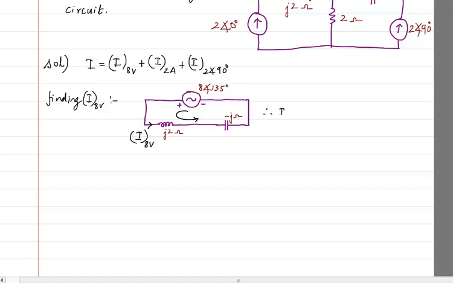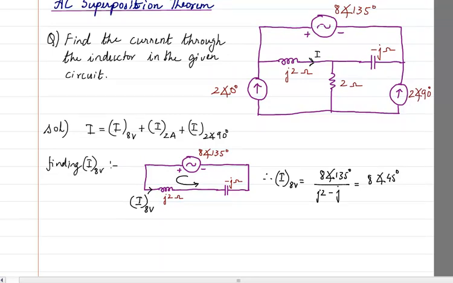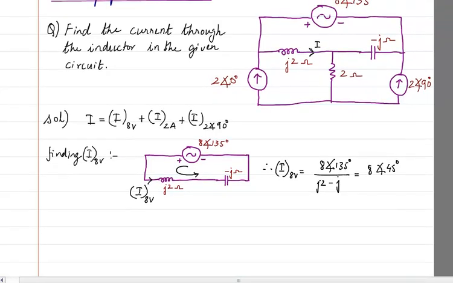Therefore I can write I because of the 8 volt is the total voltage, 8 angle 135 degrees, divided by the total impedance. The total impedance is J2 plus minus J, which will give me an answer of 8 angle 45 degrees. So very simply I have found the current because of the 8 volt AC source. Next I have to look at the 2 ampere current source.